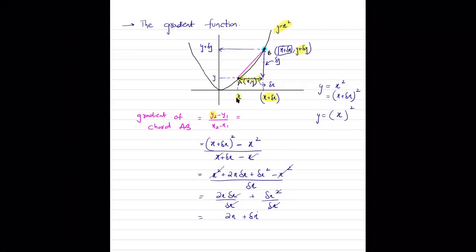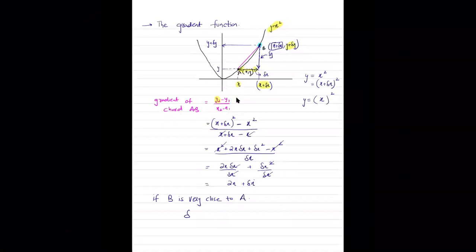If B is very, very close to point A, then delta x will approach zero. This horizontal distance won't be left. There won't be any horizontal distance left as the distance is going to shrink. Let's say point B comes here. So the delta x is getting closer and closer to zero.